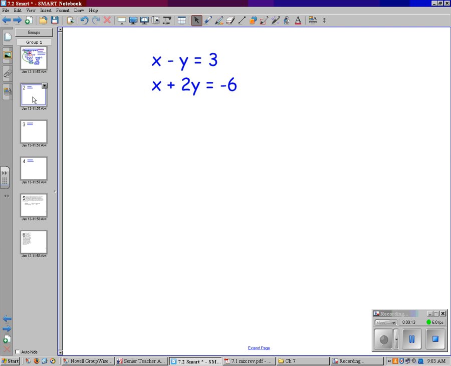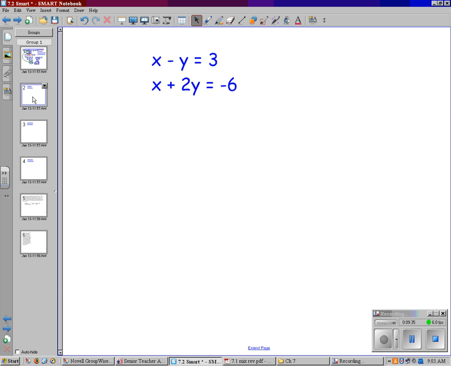Jot down these problems, these two equations, please. x minus y equals 3, and x plus 2y equals negative 6. I think this is going along with what Grant was asking about before. You could solve for any x or y.